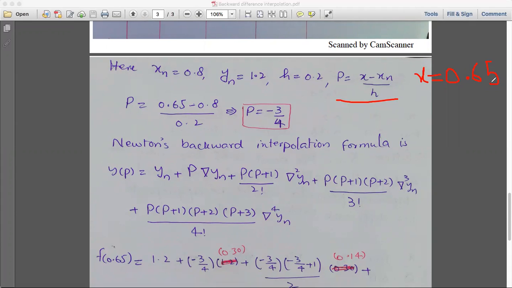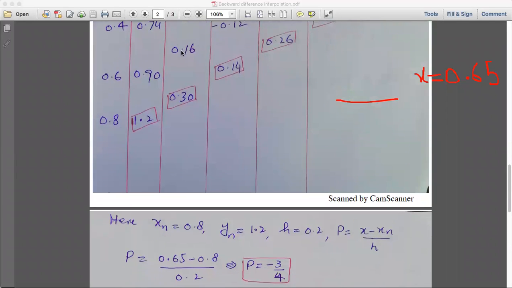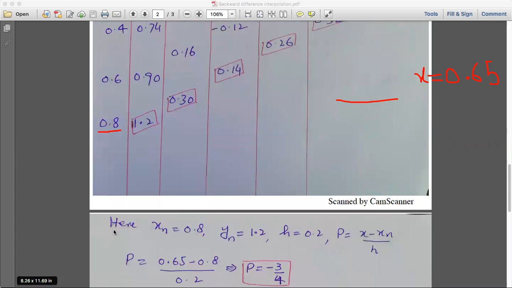Okay, and what is xn? xn की वैल्यू क्या है? We can see in the table. xn की वैल्यू क्या है हमारे पास? This is xn, this is the value 0.8, क्योंकि फर्स्ट वैल्यू ऊपर जो हमारे पास वो x नॉट है. ओके, वो x नॉट की फॉर्म में x1, x2, x3 and x4, and here x4 is equal to xn.